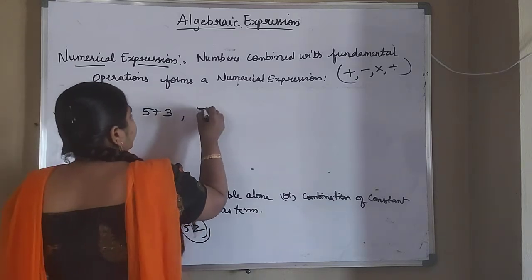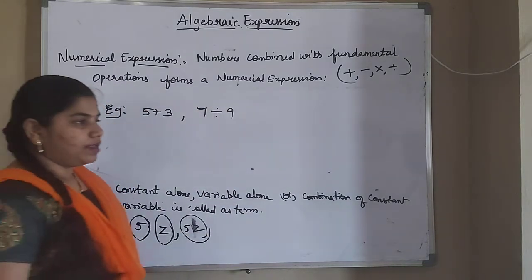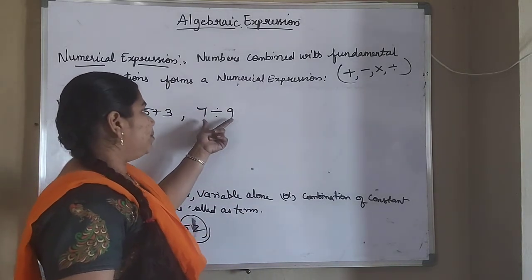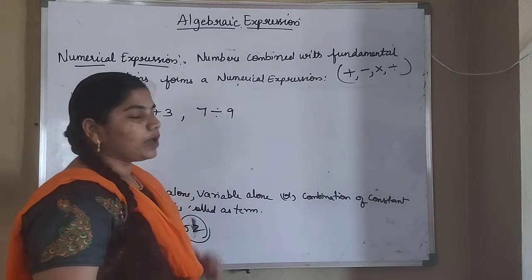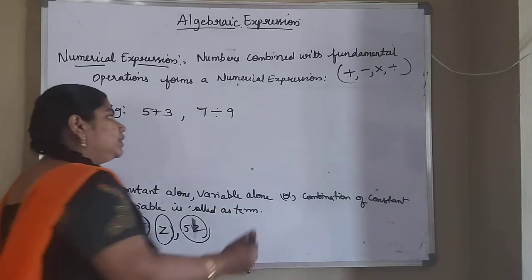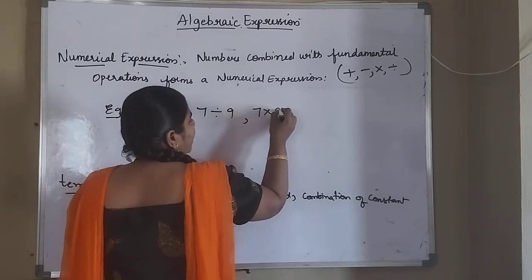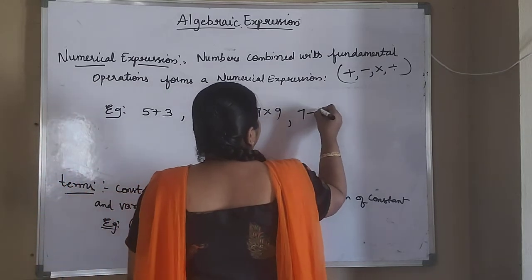In the same way, you can take 7 divided by 9. 7 is a number, 9 is a number. It has been combined with a fundamental operation, that is division. So this is also a numerical expression. In the same way, you can take 7 into 9. This is also a numerical expression. In the same way, you can take 7 minus 9.